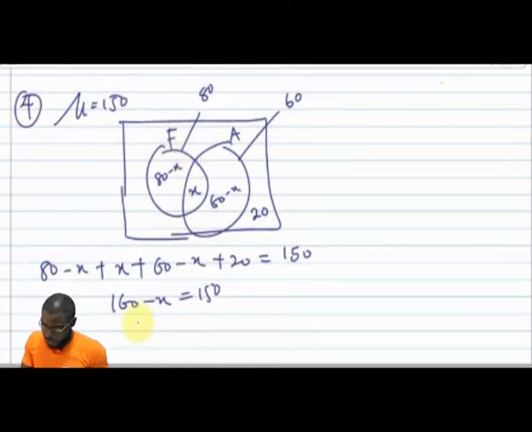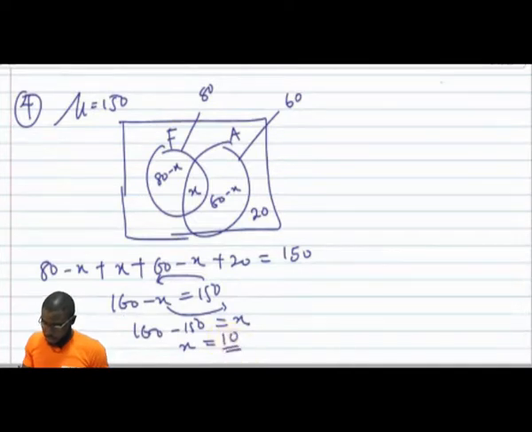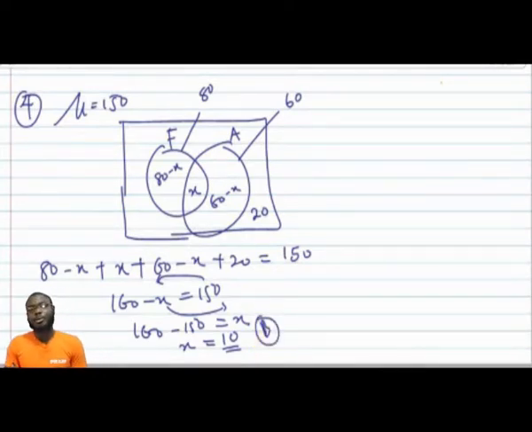If this comes this side and this comes this side, we have 160 minus 150 equals X. Your X equals what? 10. Your X equals 10. So your option A says it's 45, B says it's 10, C says 35, and D is 10. So B should be our option.